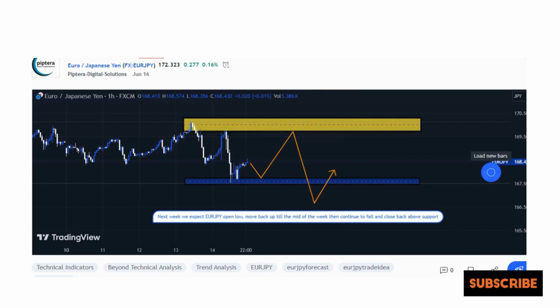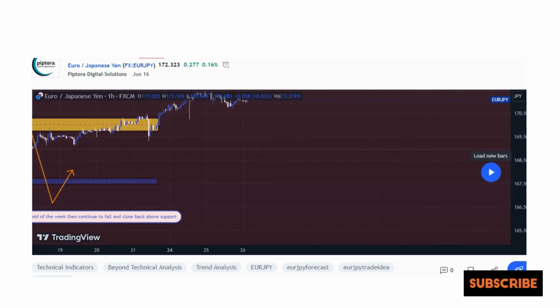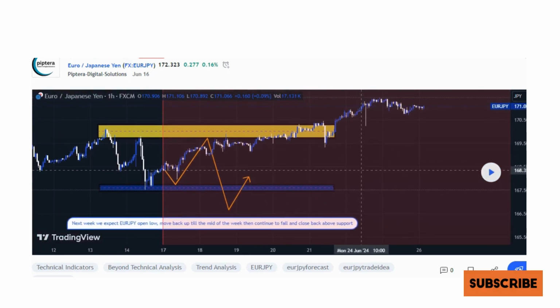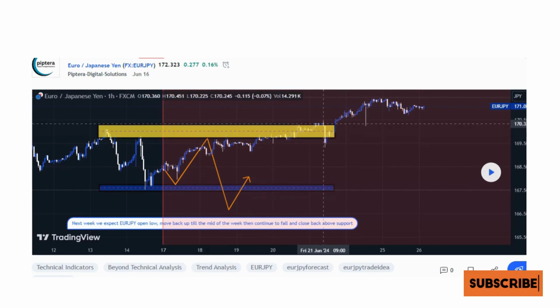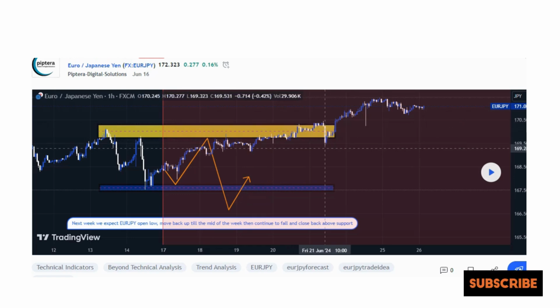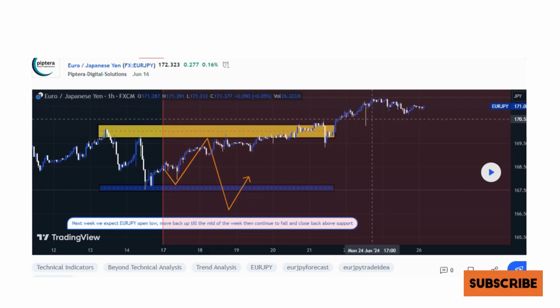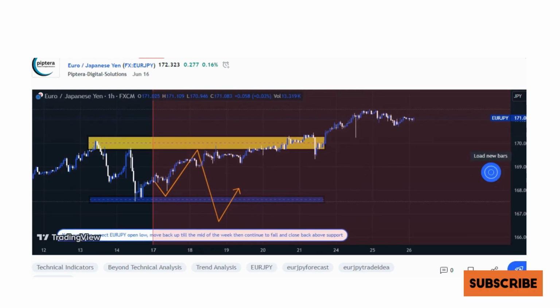So let's see what happened. Oh, amazing. Our first forecast on this pair was not violated. The price came back to this resistance zone, somewhere around here, got rejected, came back down, but broke the resistance zone and continued to go up from there.